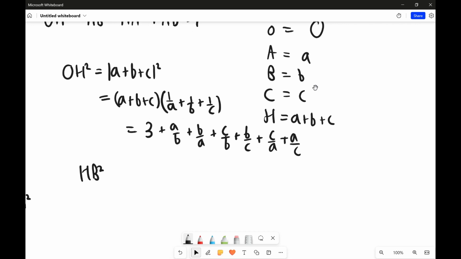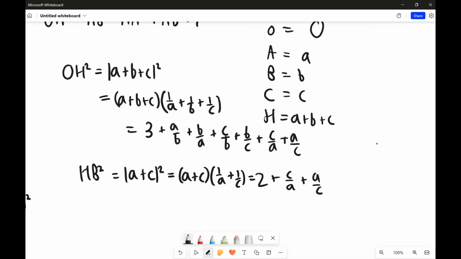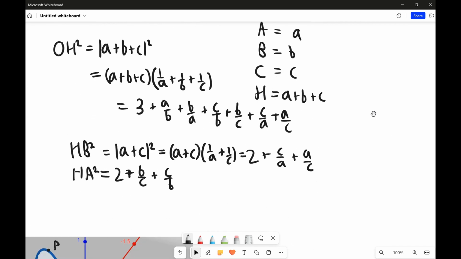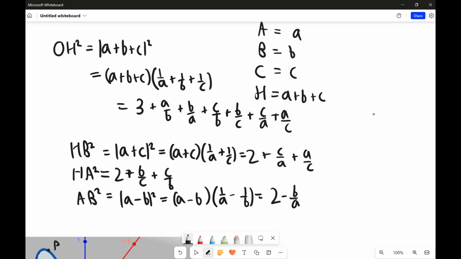So that's A plus B plus C minus B, which is the magnitude of A plus C squared, which is A plus C times 1 over A plus 1 over C, which is 2 plus C over A plus A over C. Similarly, HA squared is equal to 2 plus B over C plus C over B. And finally, AB squared is equal to the magnitude of A minus B squared, which is A minus B times 1 over A minus 1 over B, which is 2 minus B over A minus A over B.